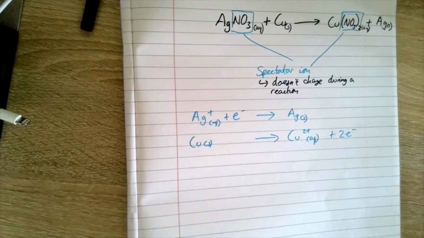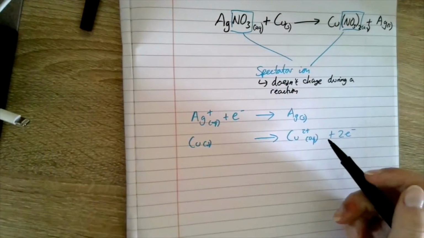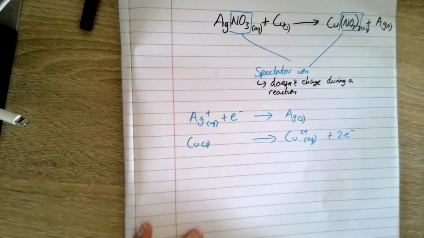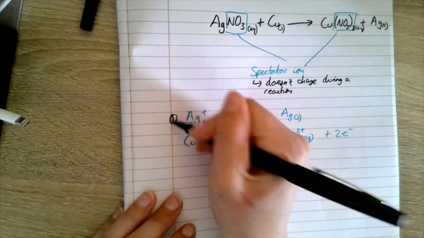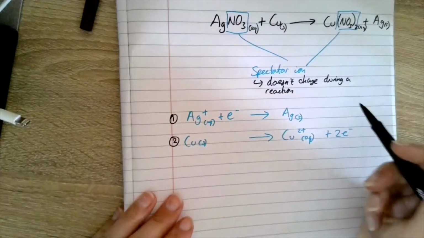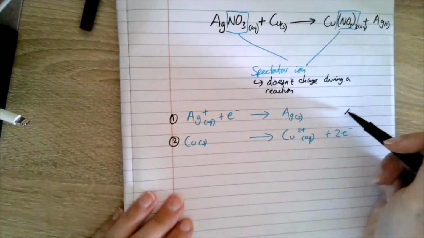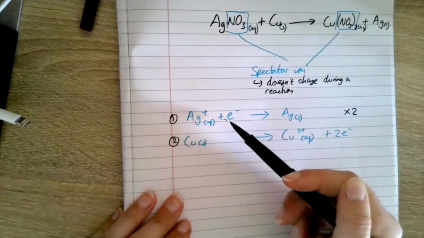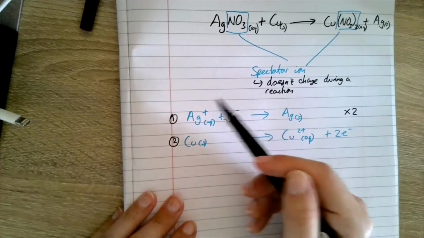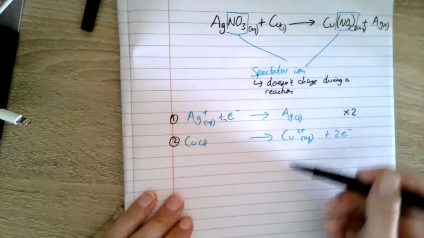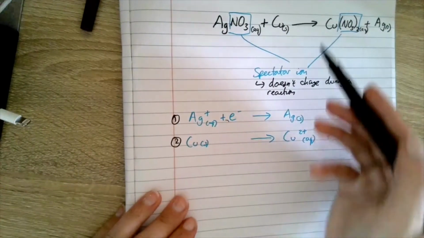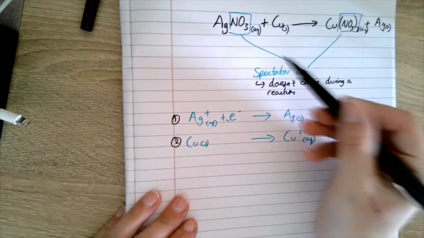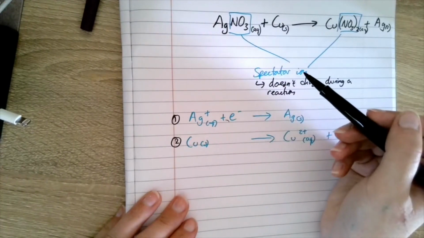So then, in order for this reaction to happen, our number of electrons on each side of the equation must be the same. So if we label these equations 1 and 2, we know therefore that we're going to need 2 lots of that equation 1 in order for our electrons to be the same on our left hand side and right hand side when we add our equations together to give us an overall ionic equation, so one without the spectator ions.